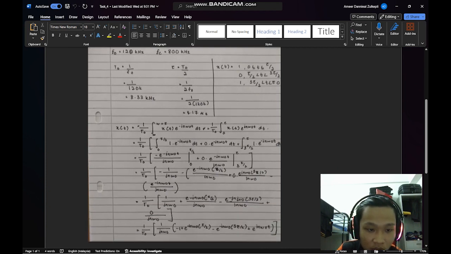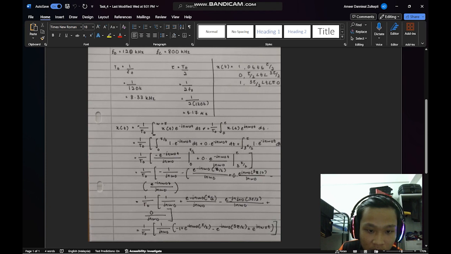Then after that, we need to use our formula, which is x(t) equals 1 over TO integrated with omega plus tau, x(t) e to the power of integer omega t dt, equals 1 over TO integral from tau to 0 of x(t) e to the power of integer omega t dt.